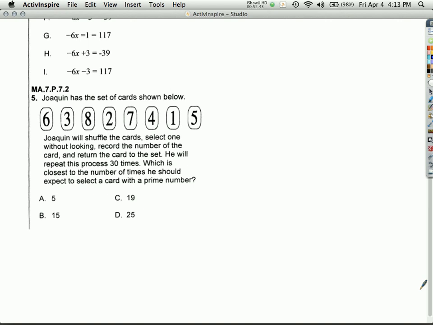Kivan, what did you do to get it right? Okay. What I do is multiply how many times he chooses, which is 30, by how many cards there are, which is 8. And then I multiplied that by what cards he has a chance of picking, which was prime numbers, which was 3, 2, 7, and 5.